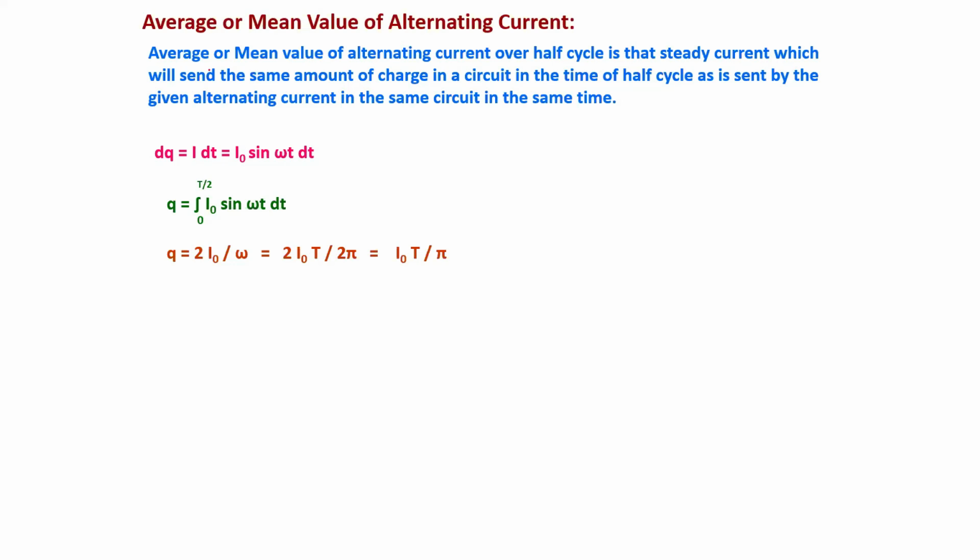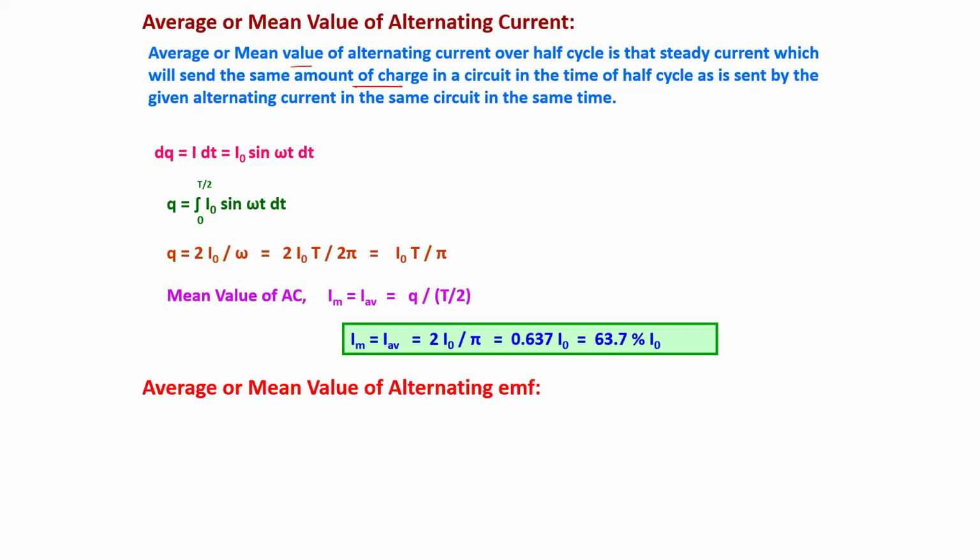So the average or mean value of alternating current over a half cycle is that steady current which will send the same amount of charge in a circuit in the time of half cycle as is sent by the given alternating current in the same circuit in the same time.